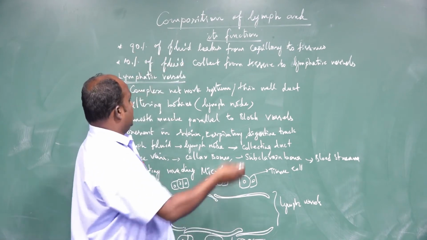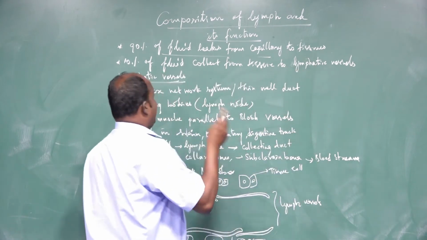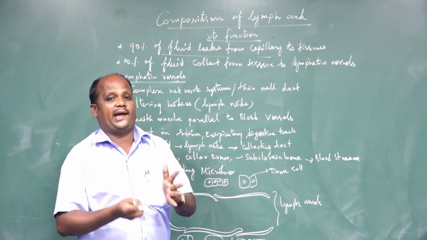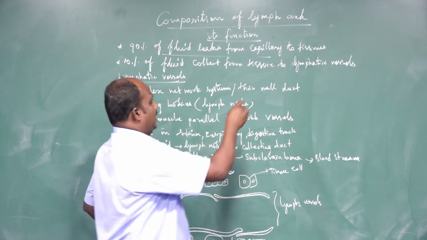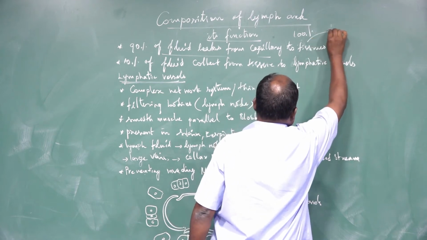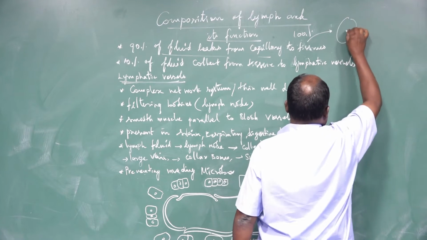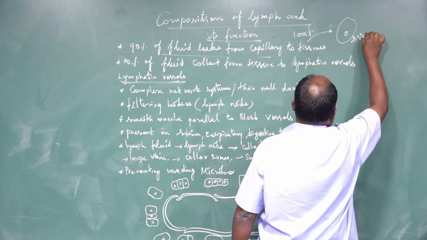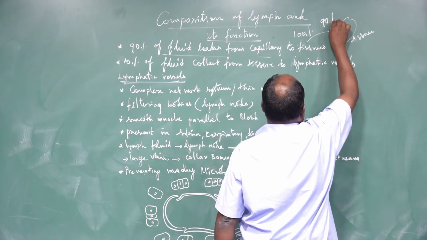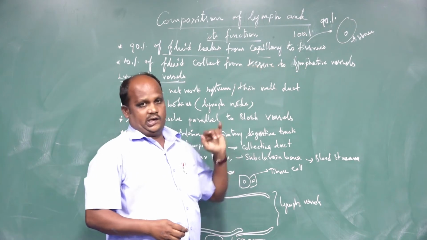90% of fluids leak from the capillaries to the tissues. The remaining 10% of fluids are collected by the lymphatic duct from the tissue. For example, 100 ml of fluid may transfer from blood vessels to tissues. Among the 100%, 90% of fluids are collected by blood vessels.